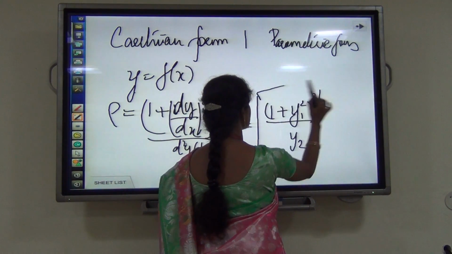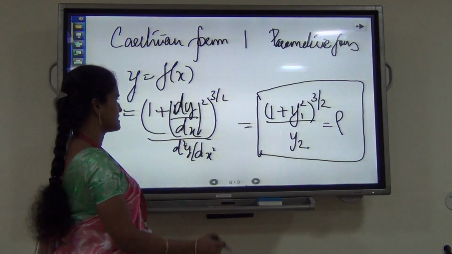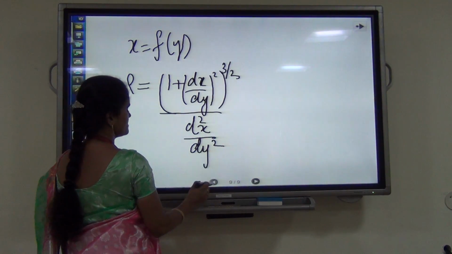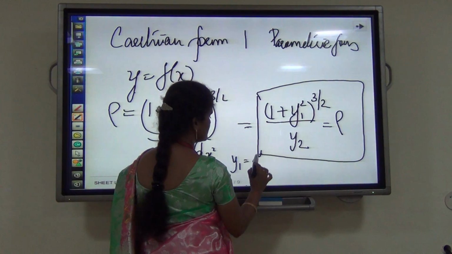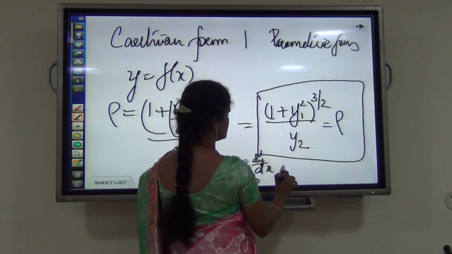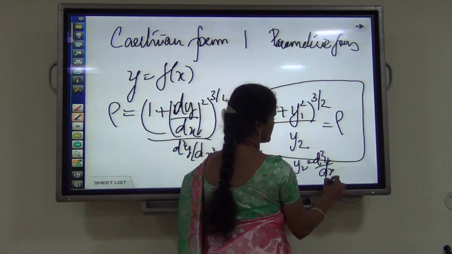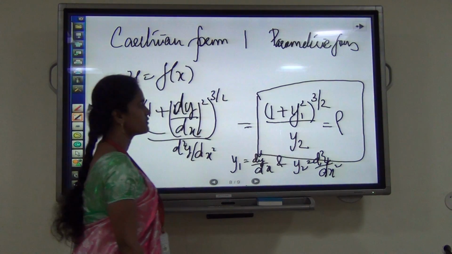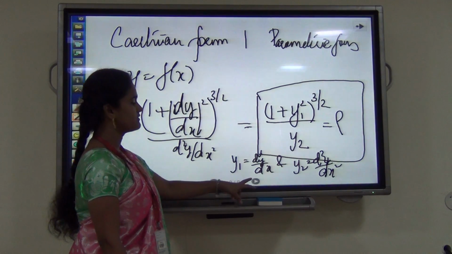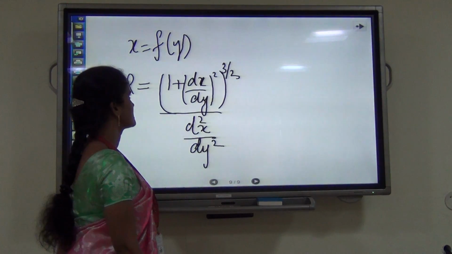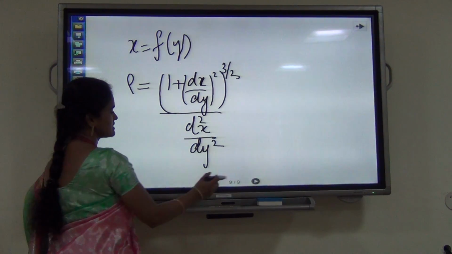This is what the radius of curvature rho is. y1 is dy by dx and y2 is d square y by dx square. So in short, you can write the formula rho as 1 plus y1 square to the power 3 by 2 by y2. This formula will help you to find the radius of curvature for any curve. And if that particular formula fails, you can use the other formula to find the radius of curvature.